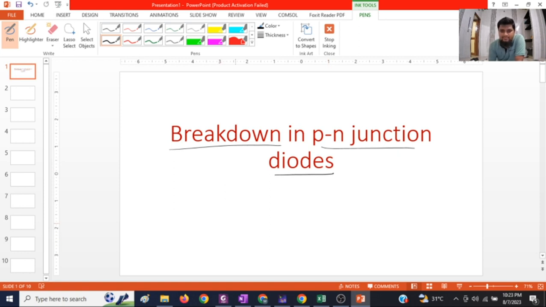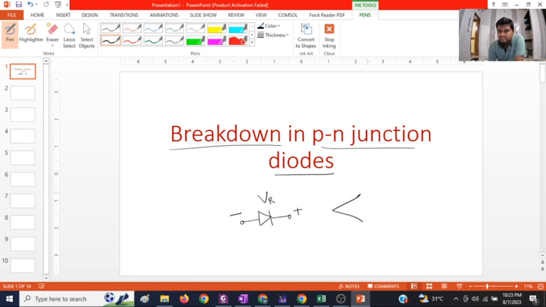Okay, so there are two types of breakdowns that happen in a PN junction, especially when it is reverse biased. N type becomes positive, P type is negative, so it is a reverse bias, and in this case, breakdown might happen.